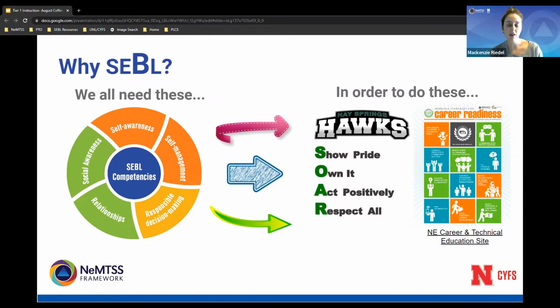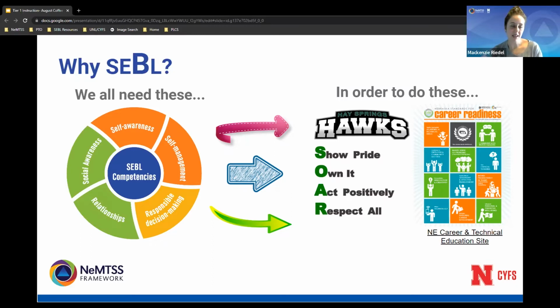And so whether you have a PBIS system or if you use a different system, all schools have expectations for behavior. And so if we're able to really intricately teach and weave that in with those social skills, we'll really see the most bang for our buck.